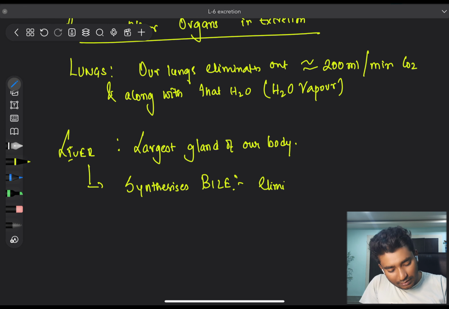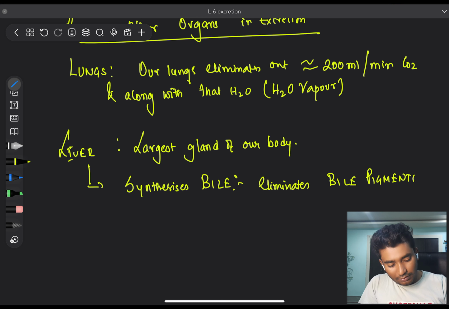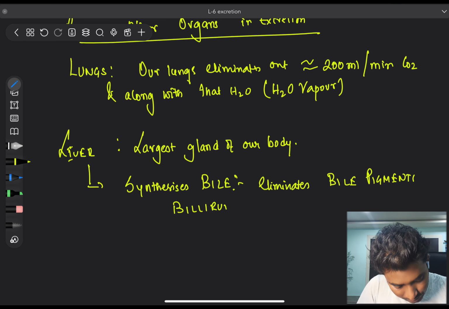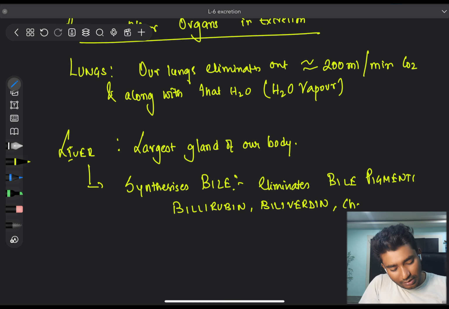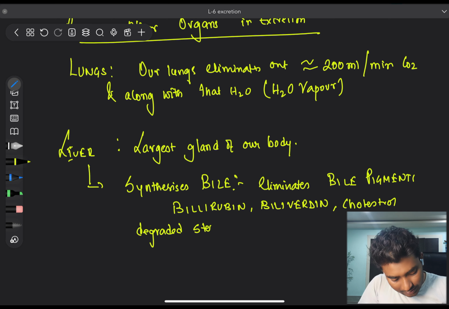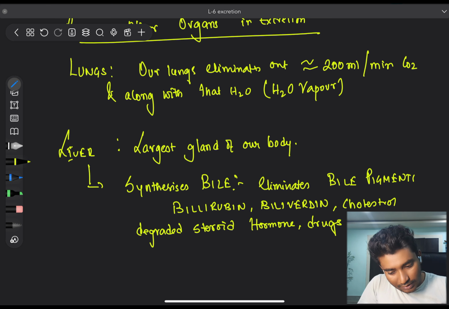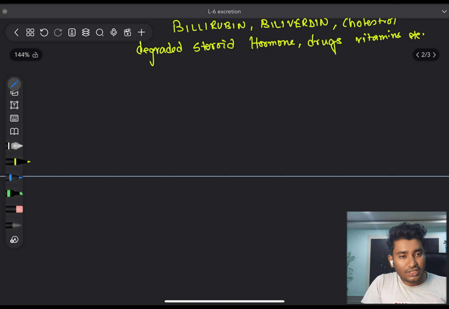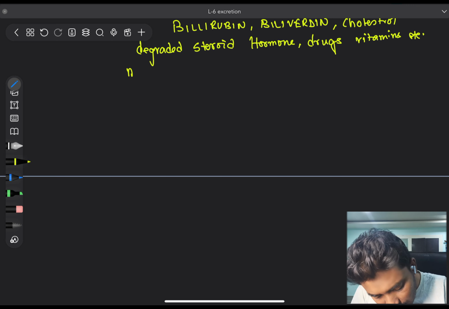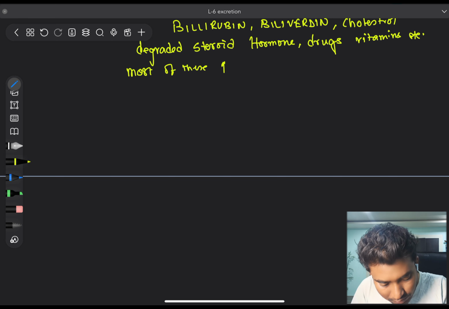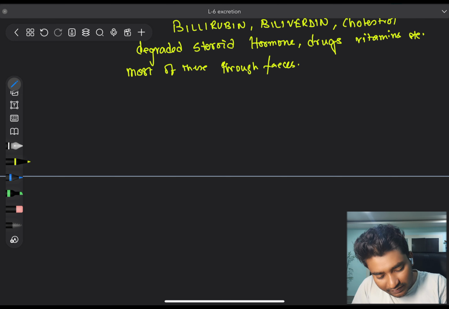It eliminates bile pigments: bilirubin, biliverdin, cholesterol, degraded steroid hormones, drugs, vitamins, etc. The function of the liver includes the degradation of bilirubin, biliverdin, drugs, steroid hormones, etc. Most of these are excreted through feces. Feces means stool.